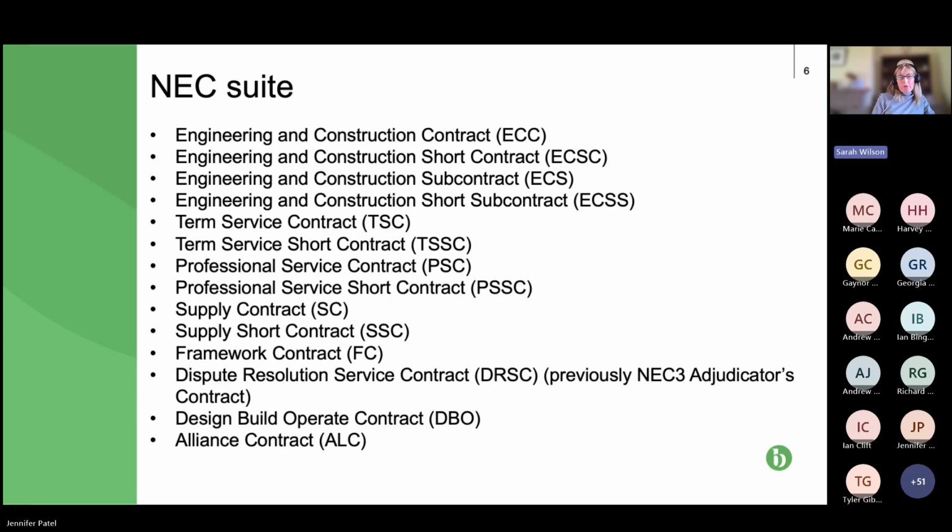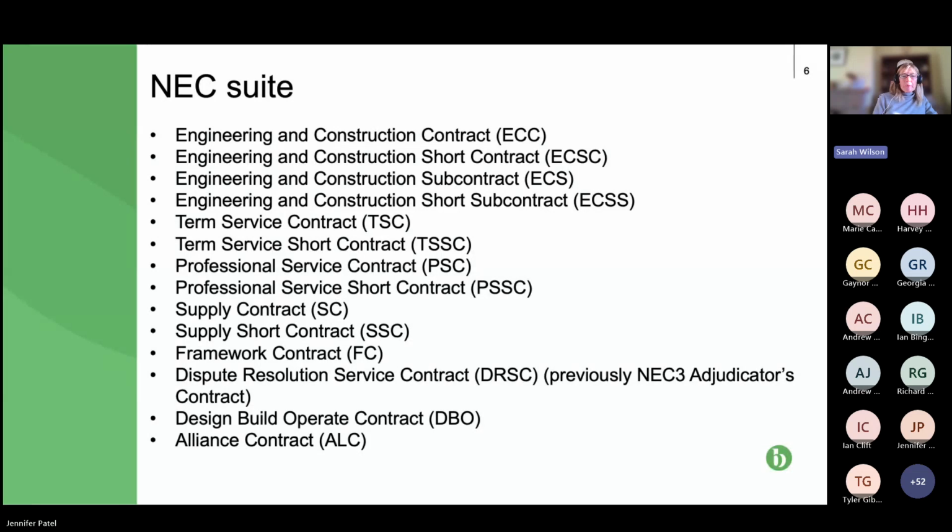So first of all, the first chunk of 4 is the engineering and construction contract. That is probably the one you will be using as a contractor. And then the third bullet point, the subcontract, if you're a subcontractor. And bullets 2 and 4 are just the short forms, which I wouldn't imagine that you are using hugely.